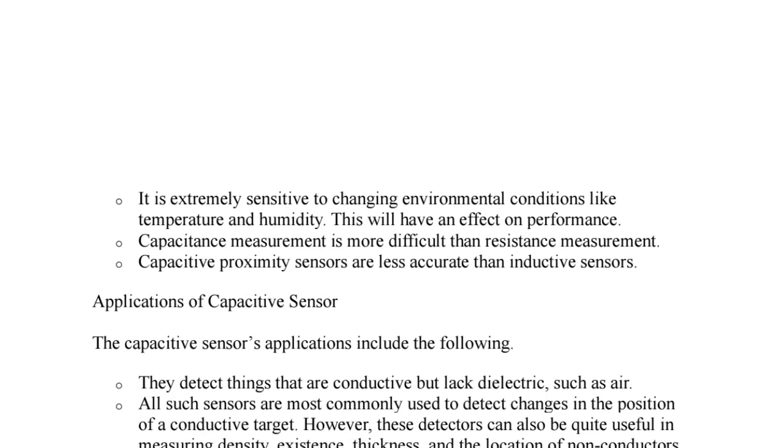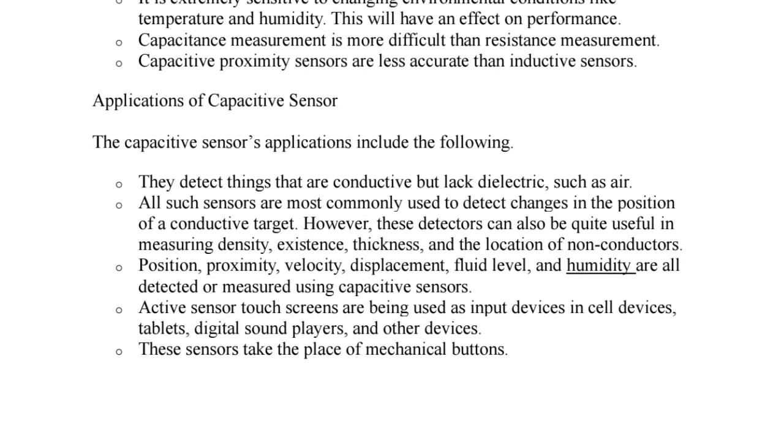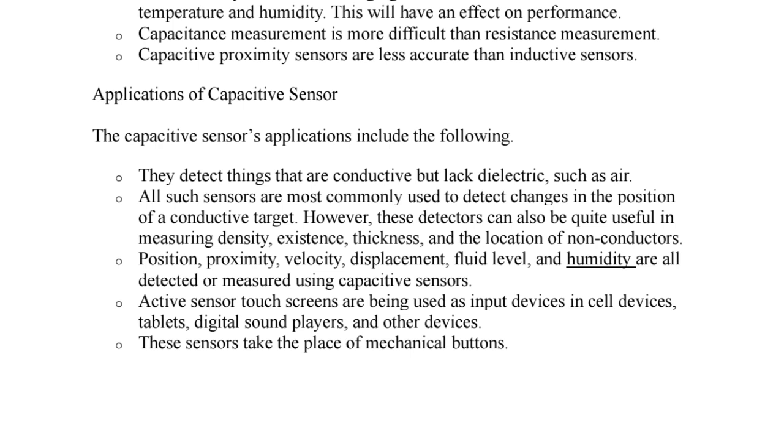The disadvantage is that they are extremely sensitive to changing environmental conditions like temperature and humidity. As for applications, they detect things that are conductive but lack dielectric, such as air, and we can use them for cell devices, tablets, digital sound players, and also some mechanical buttons. Thank you.